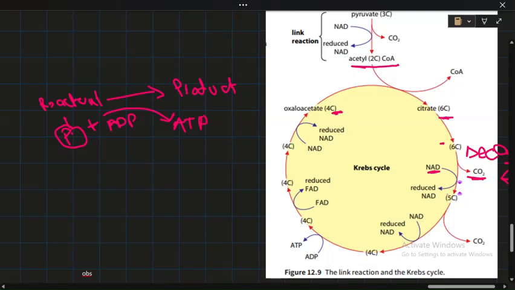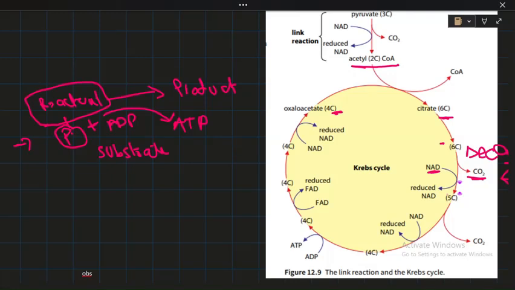So we're getting ATP from the reactant or the substrate. That's why we're calling it substrate level phosphorylation, right? This is different from oxidative phosphorylation, which we'll see later. So remember that point here. I'll give a hint about substrate level phosphorylation when we discuss oxidative phosphorylation again.